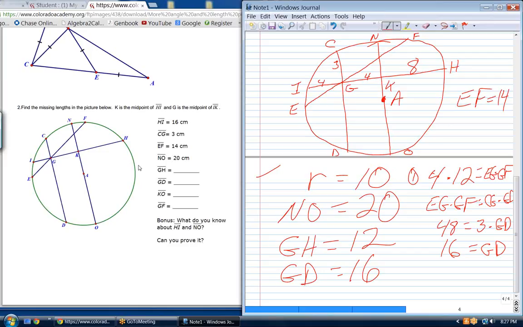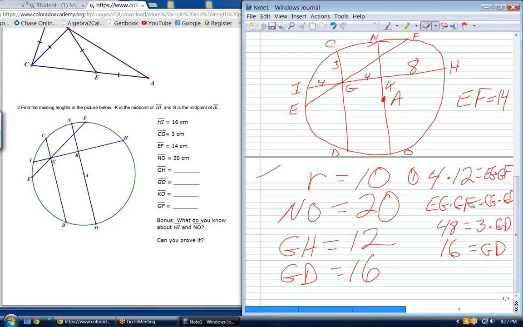Yeah, I don't mean NA, I meant NK. If we can solve for NK, we'll know KO, basically. Okay, well, let's go back and look at the two chords that are formed by NO and EF.